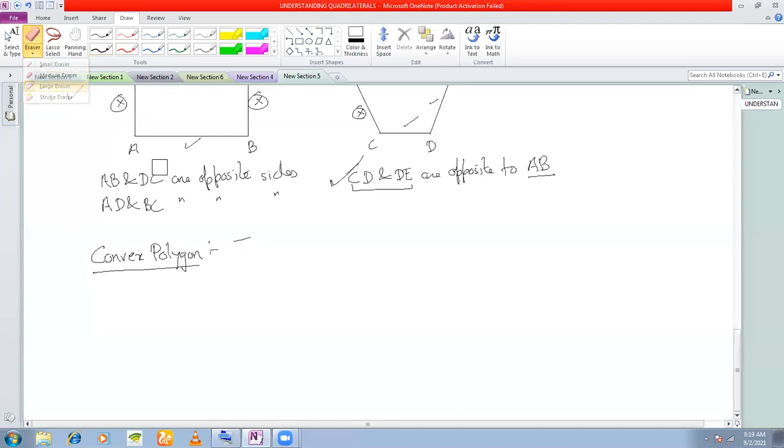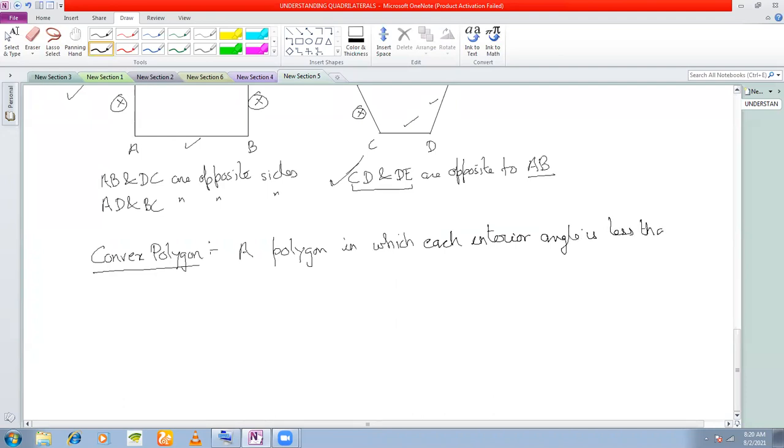A polygon in which all interior angles, or each interior angle, is less than 180 degrees is called a convex polygon.